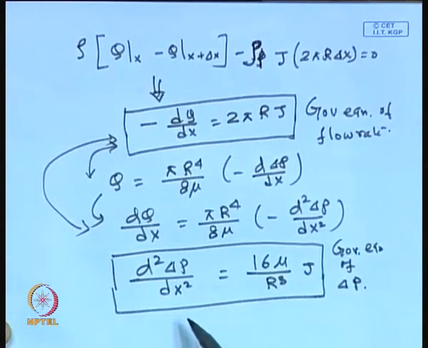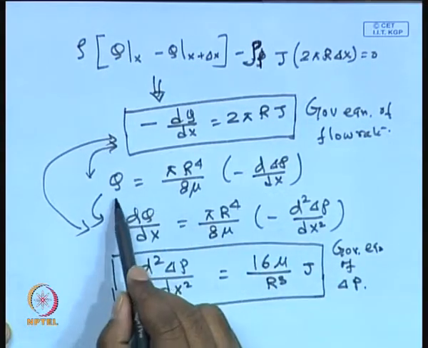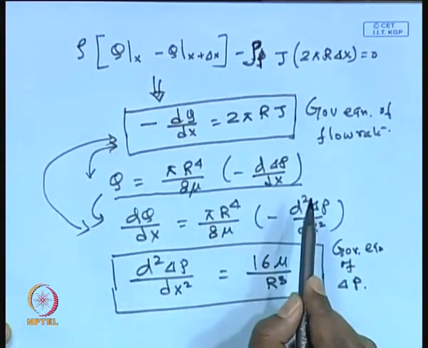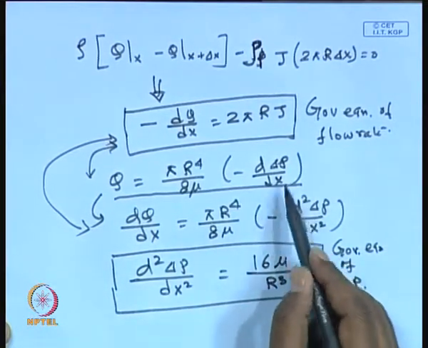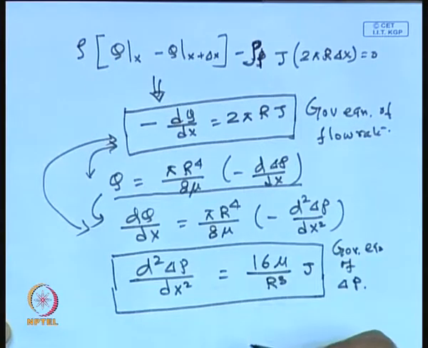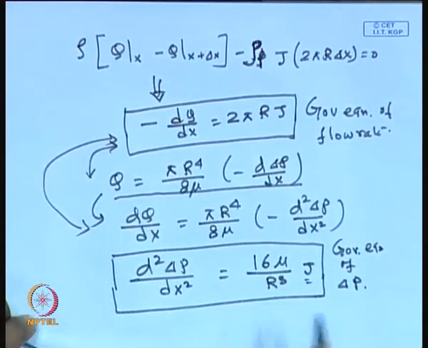At x is equal to 0, you have delta p is equal to delta p in, and at the same boundary, just evaluate this equation at x is equal to 0, then q will be replaced by q in, and you will be getting a condition on d delta p dx. Using these two boundary conditions you can solve this equation, but in this particular case, since j is constant, the right hand side will be constant, and you will be landing up with a quadratic equation, quadratic in x.